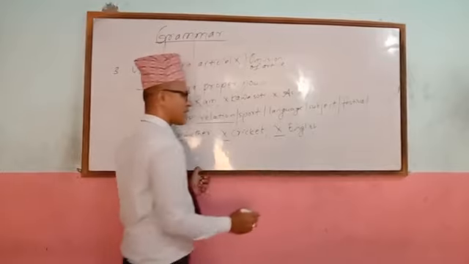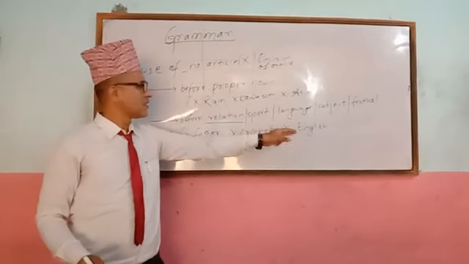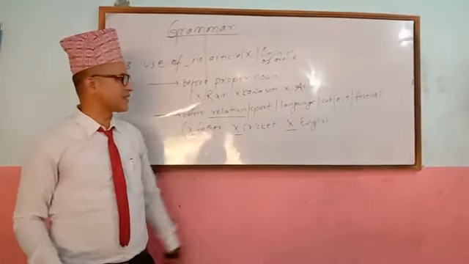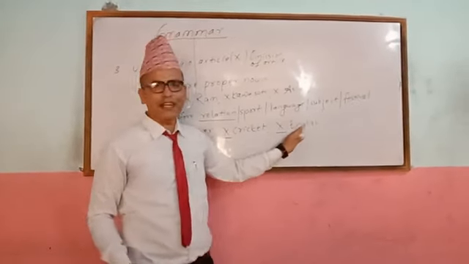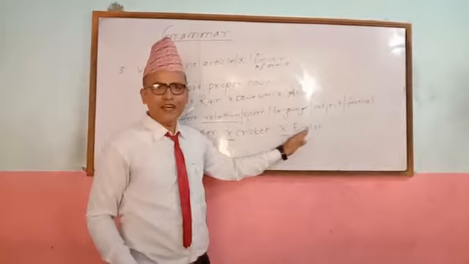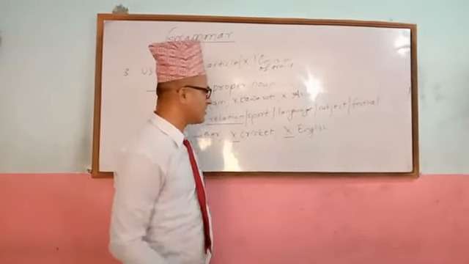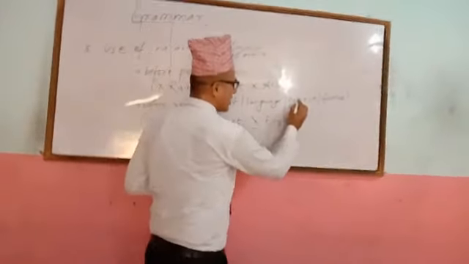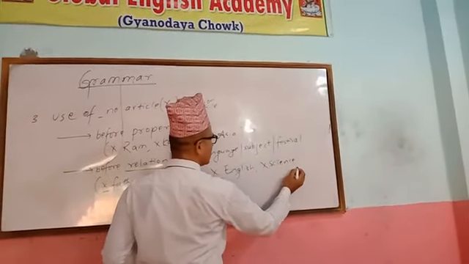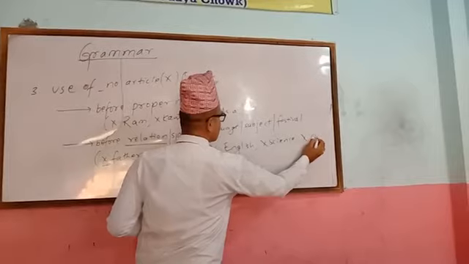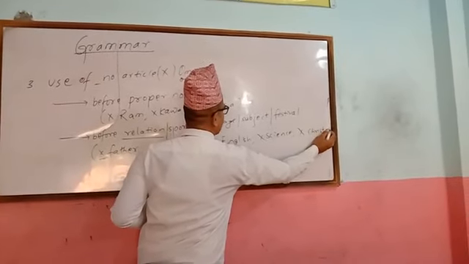English is the name of a language. We cannot use any article before English. But there is another case. If sometimes the word English shows the nationality, at that time we can use the article. I will tell you later. And subject, science. No article. Festival, Christmas. No article.